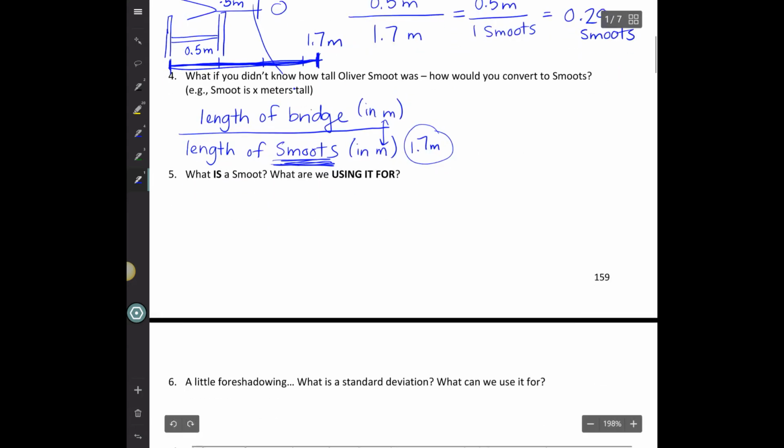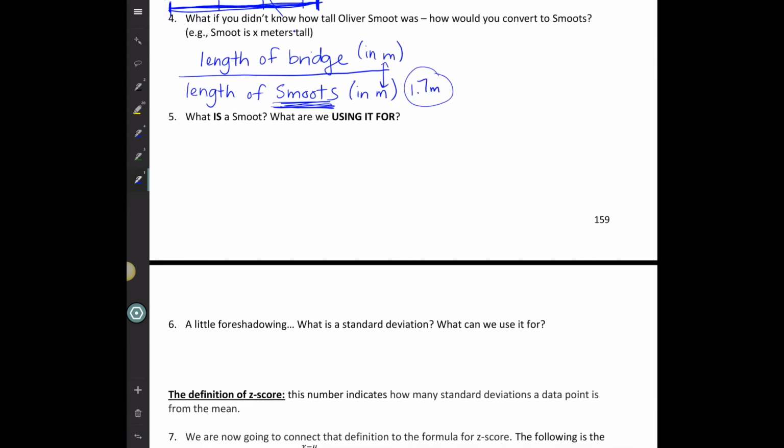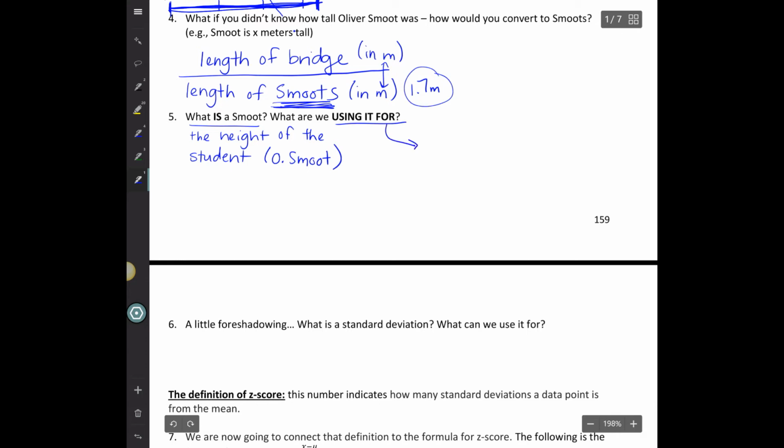Okay, so to review, what is a smoot again? And what are we using it for? So a smoot, in this case, is the height of the student, and that would be good old Oliver Smoot. And then what are we using it for?